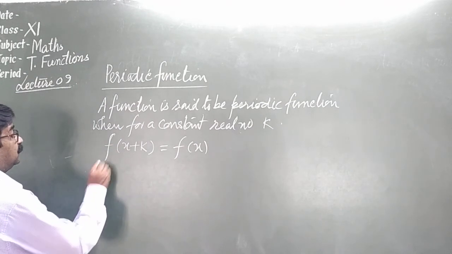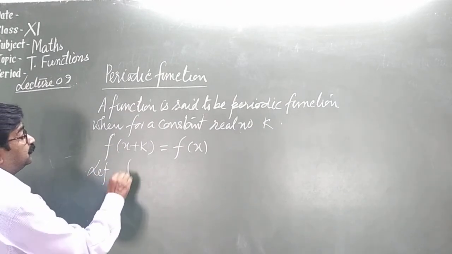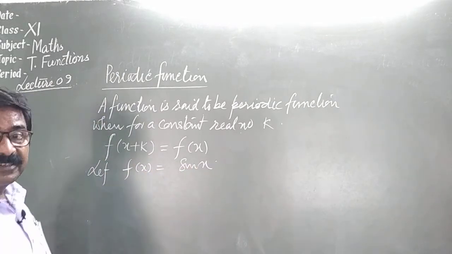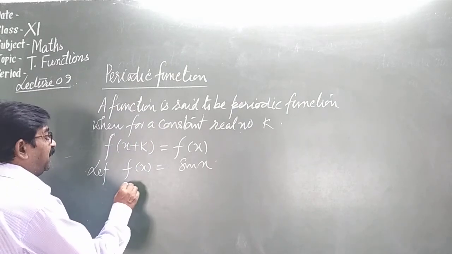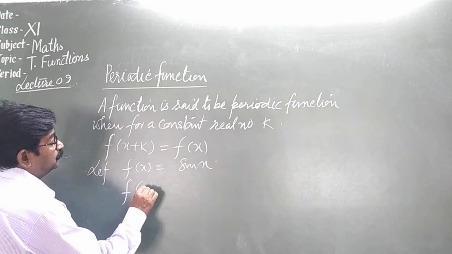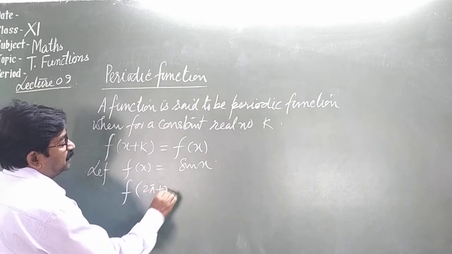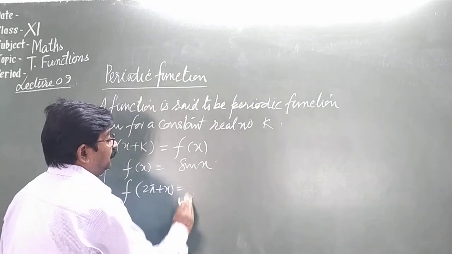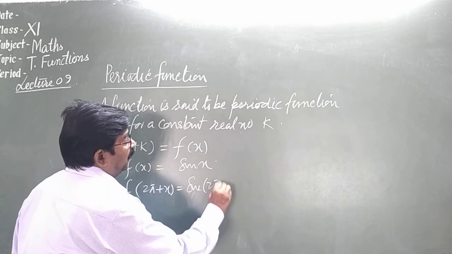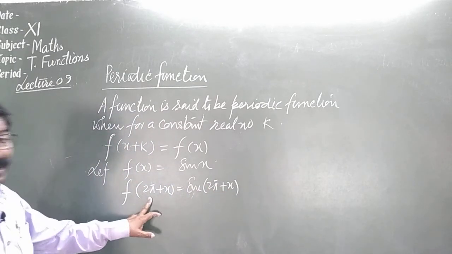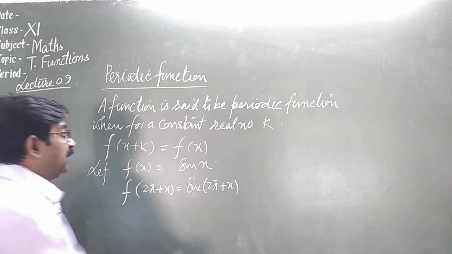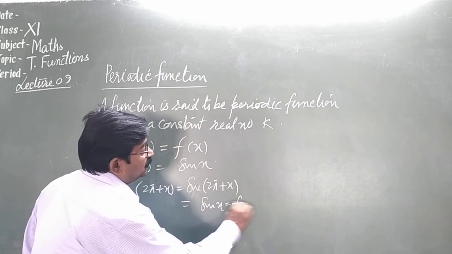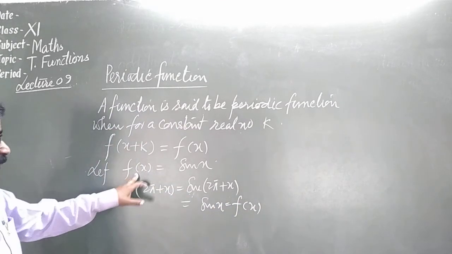I can give the example. Suppose let f of x is equal to sin x. If we write f of 2 pi plus x, so what we have, sin of 2 pi plus x. 2 pi is constant, so sin of 2 pi plus x, and sin of 2 pi plus theta is equal to what? sin x, which is equal to what? f of x. See, f of x was equal to sin x.